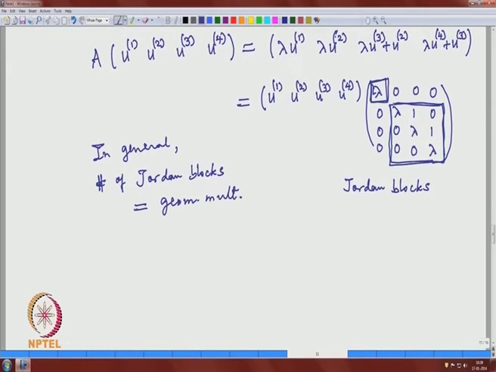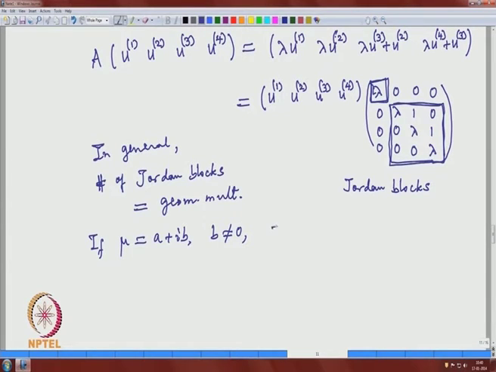And if mu is non-real, so just a plus i b, b non-zero, the Jordan blocks are a bit complicated because the eigenvectors are complex. So, we have to take only real part and imaginary part.